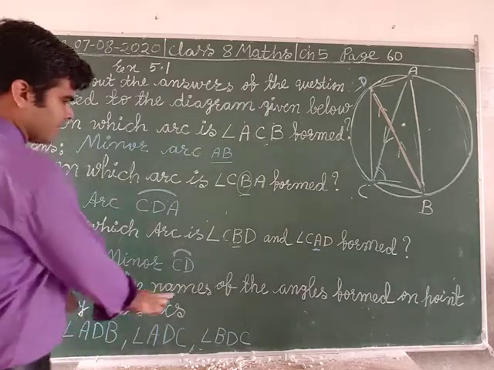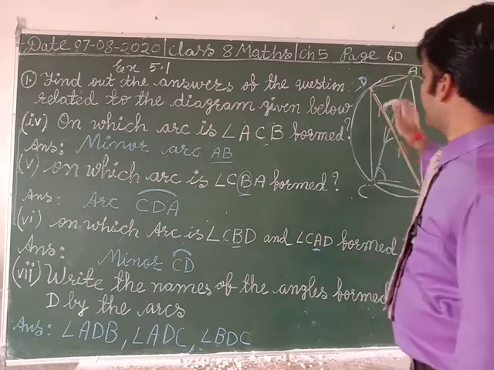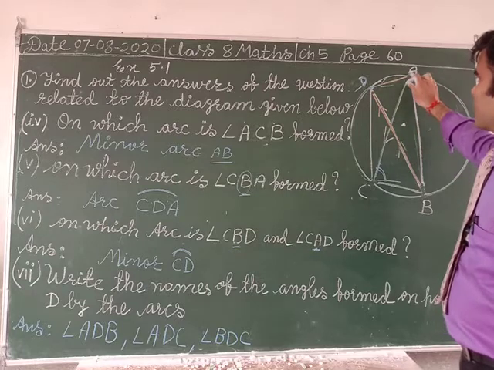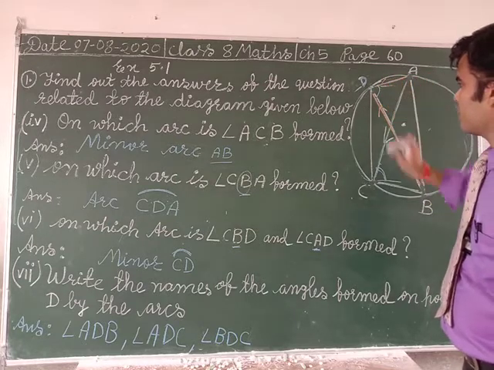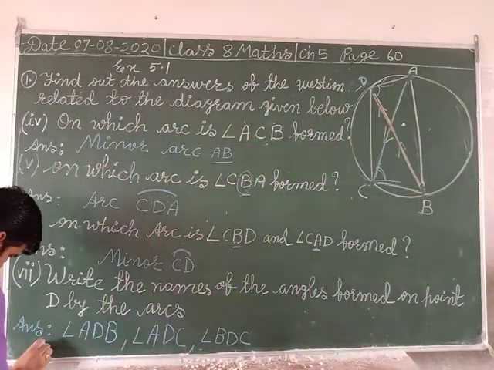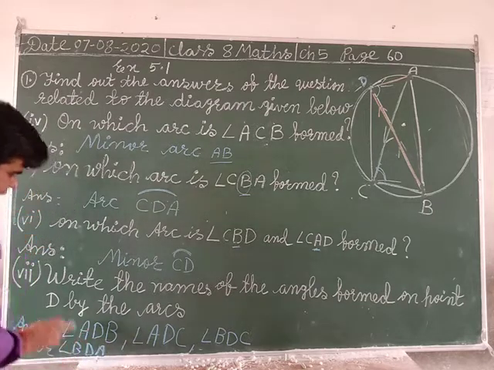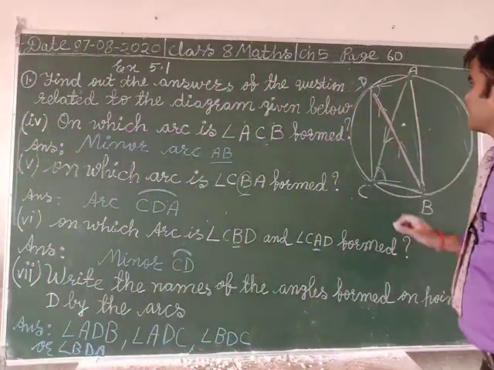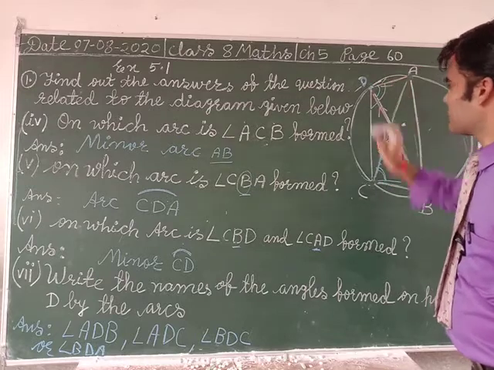Now write the names of the angles formed at point D. Point D is here. One angle is ADB, or you can write BDA; these both are the same. Now the second angle is ABC.